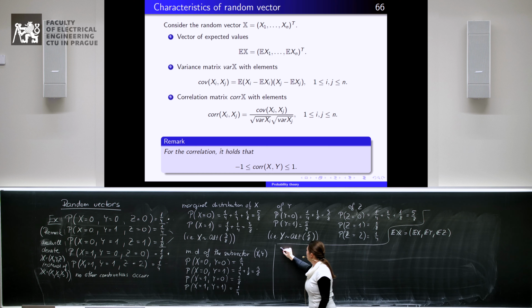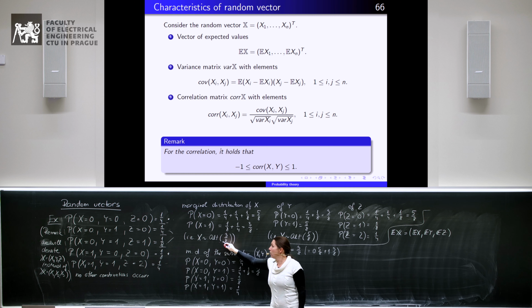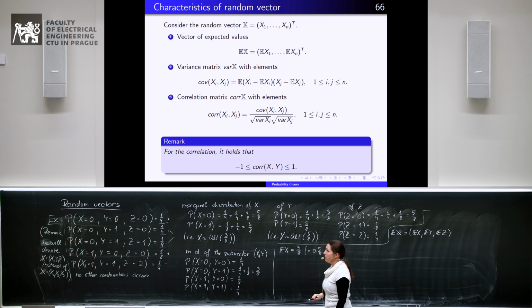Expected value of X is equal to 3 over 8. You can calculate it either as 0 times 5 over 8 plus 1 times 3 over 8, or you can use the information that X has alternative distribution with the parameter 3 over 8, and the parameter is equal to the expected value.